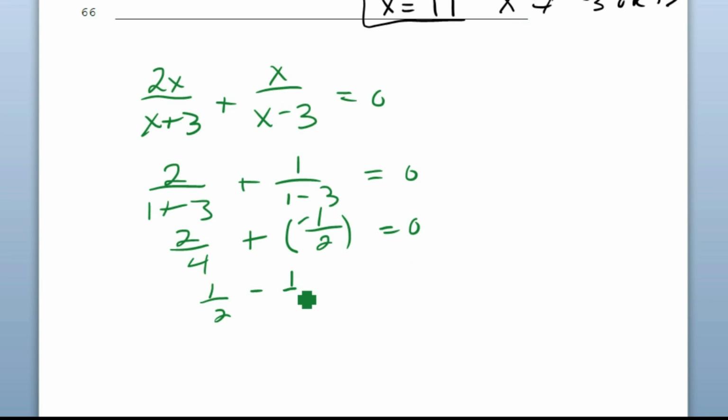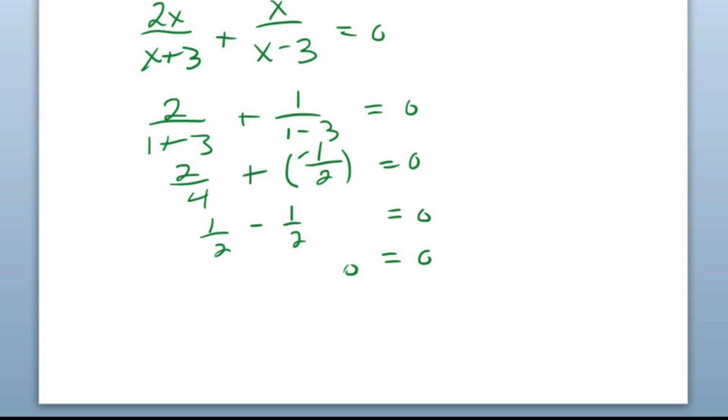This is a minus 1/2. And 0 does equal 0. So the answer is x equals 0 or plus 1, and stipulate again that x cannot be minus 3 or plus 3.